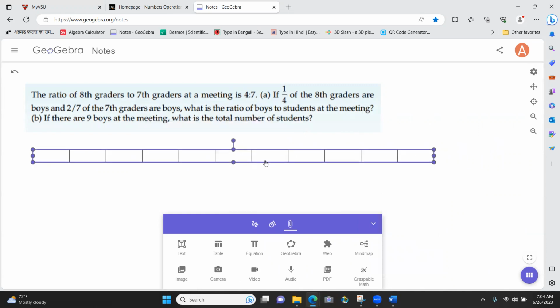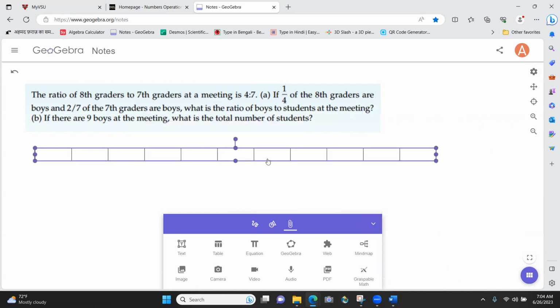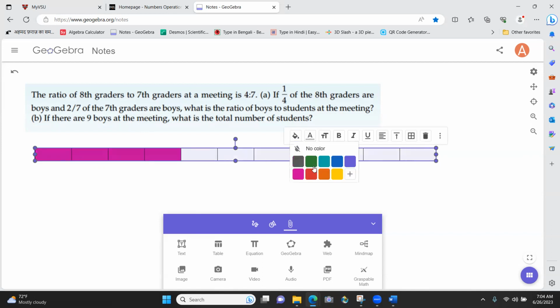Now, for every 4 eighth graders, I have 7 seventh graders. So let's color the eighth graders. What color should we choose? Pink. And the seventh graders are going to be yellow.